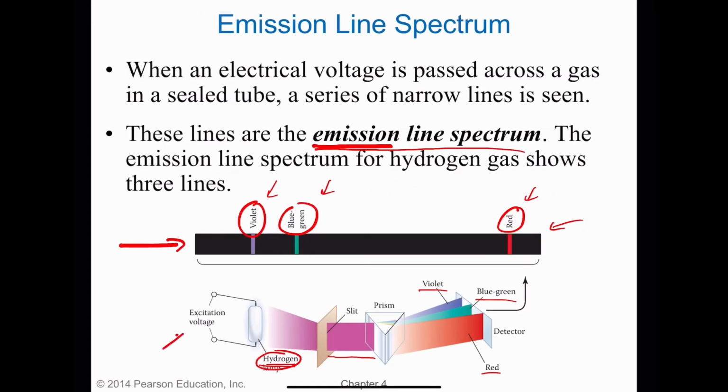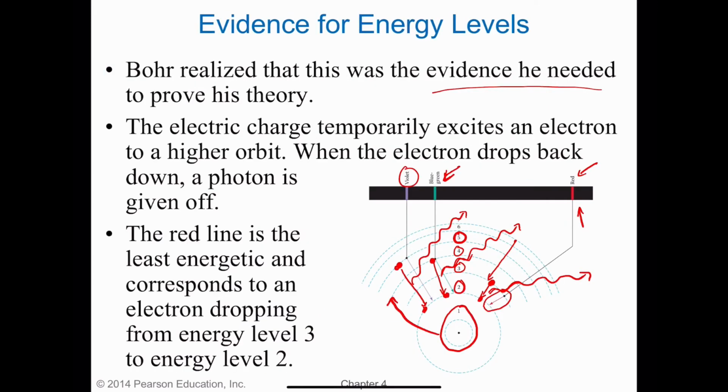In our diagram, we're talking about an excitation voltage. We're putting energy into these hydrogen atoms. We're pumping them full of energy, and when we do, we're basically promoting electrons up from level 1 to these higher energy levels. And then when the electrons fall back down, that's when they give off the light.